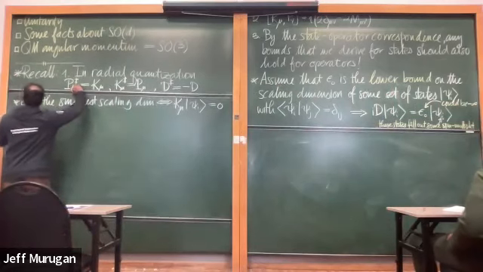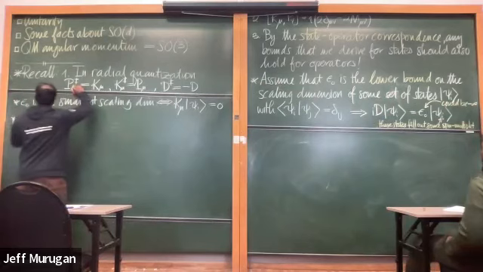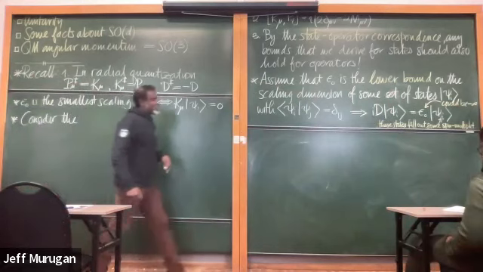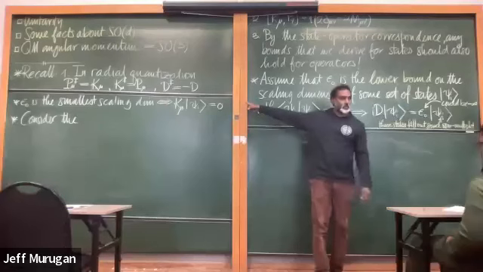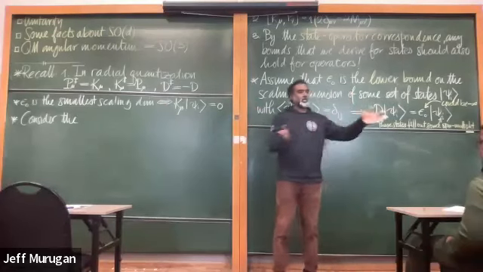So with that end, what I want to do is consider the states that I get by acting on this with the raising operator, P, right? And I'm just going to consider some linear combination of these states.